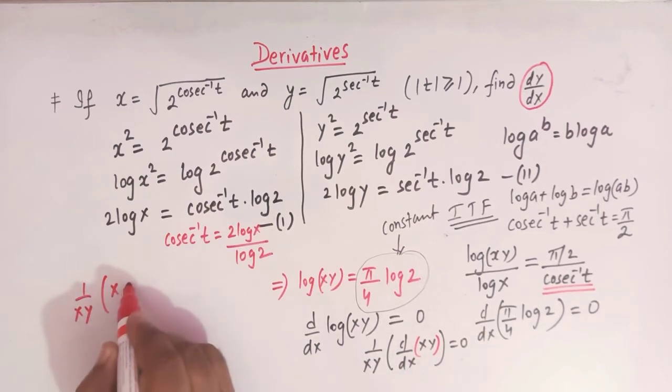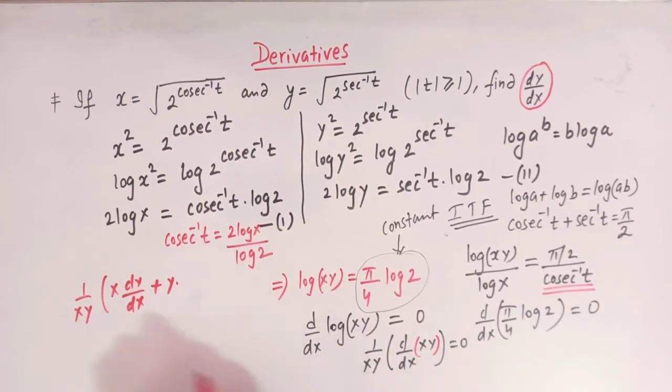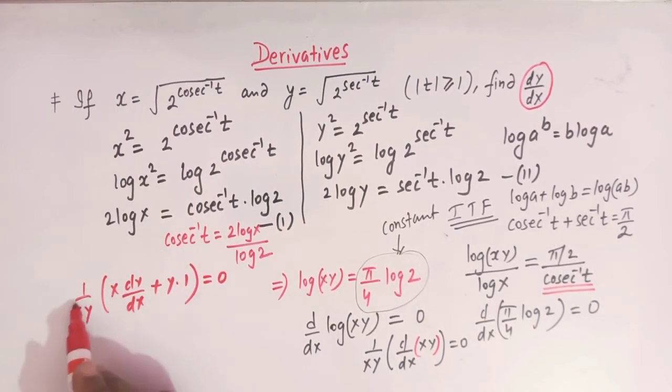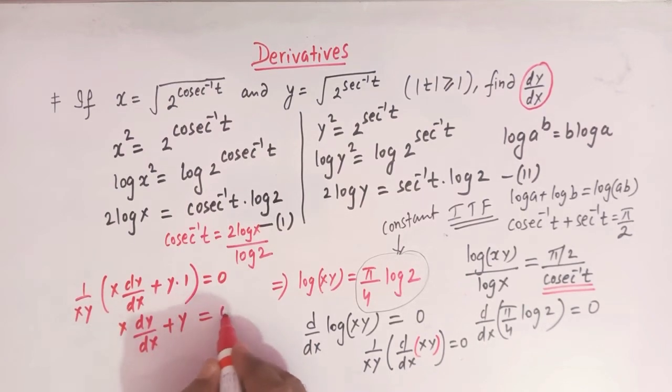So x, then dy over dx, then we have the second function y, and the derivative of x is 1, and this is equal to 0. So multiplying this term with 0, that makes it 0. So we have x dy over dx plus y is equal to 0.